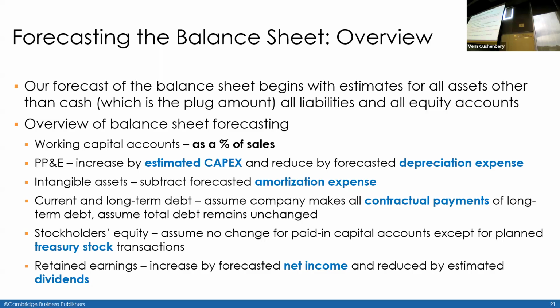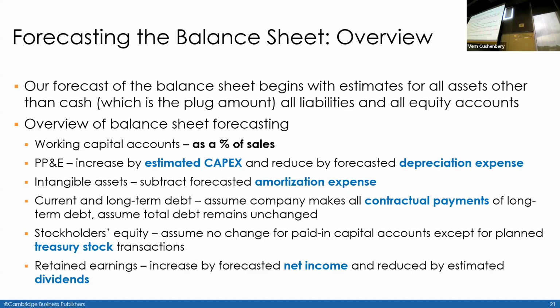Intangible assets, sometimes those have amortization expense associated with them. If they do, then we just have to look at last year's expense and subtract something similar. Current long-term debt, so for current debt, we're going to assume that's paid off if the company doesn't go broke. They're going to pay off their current debt. And then you'll recall that current was anything shorter than X. Shorter than how long?